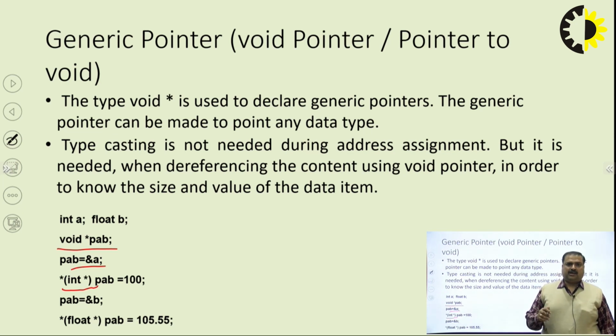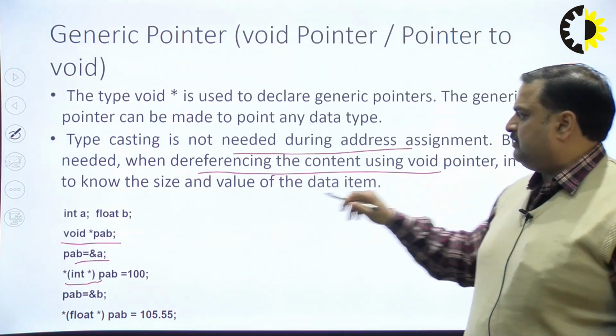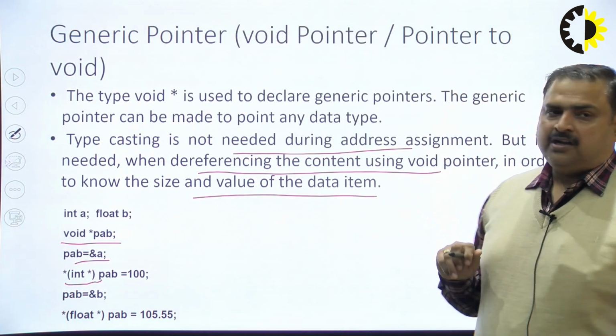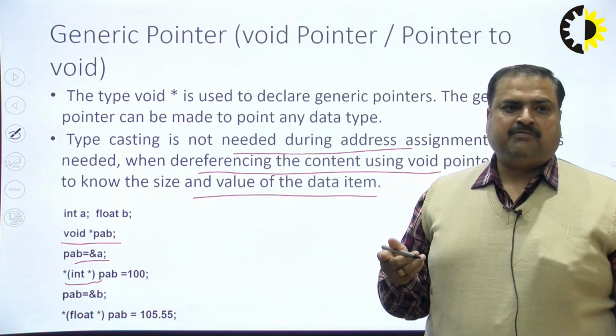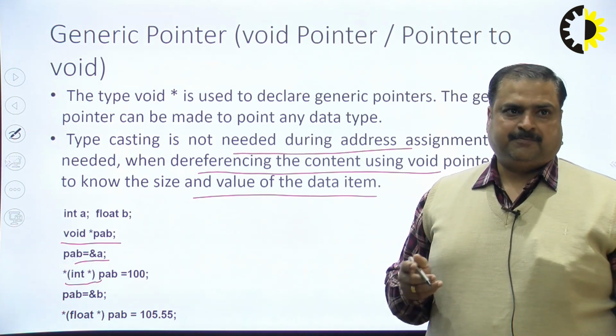That is why, when you want to access through that pointer, you need to convert it into a particular type, so you need to typecast. Typecast is not needed while storing the address, but when we want to dereference, the size of the data location is required. That is why we need to typecast before dereferencing.